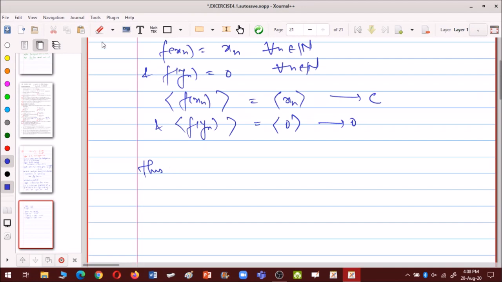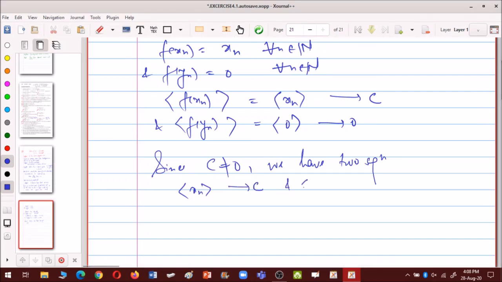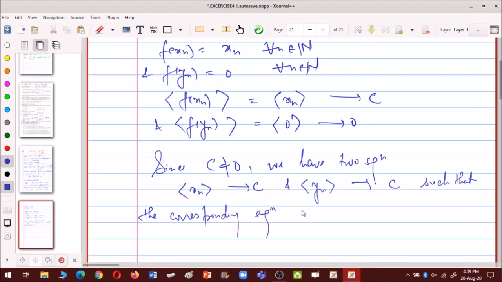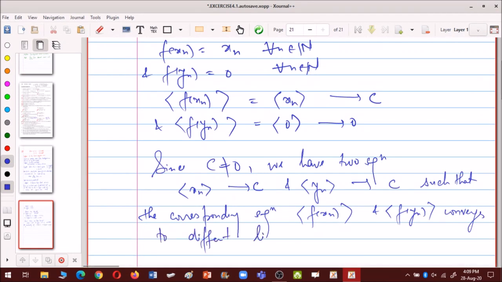Thus, since C is not equal to 0, we have two sequences Xn converging to C and Yn converging to C such that the corresponding sequences f(Xn) and f(Yn) converge to different limits.